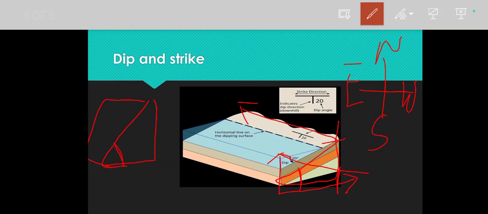Here the strike and your vertical plane are at 90 degree, and the amount of dip in the vertical plane is the true amount of dip.